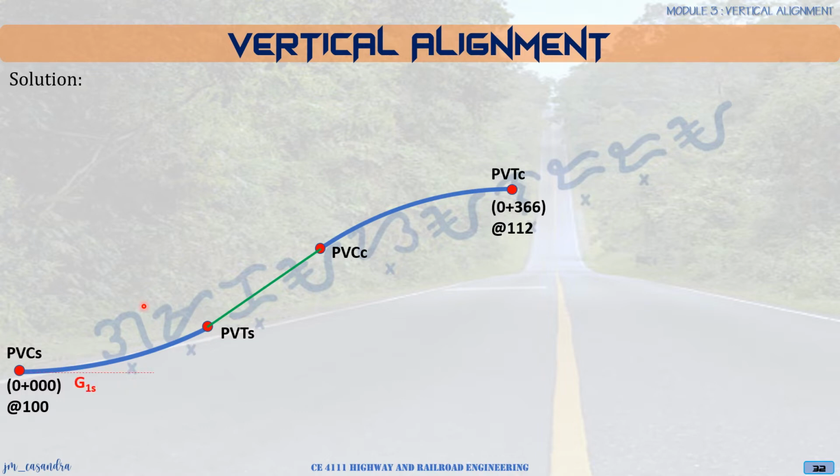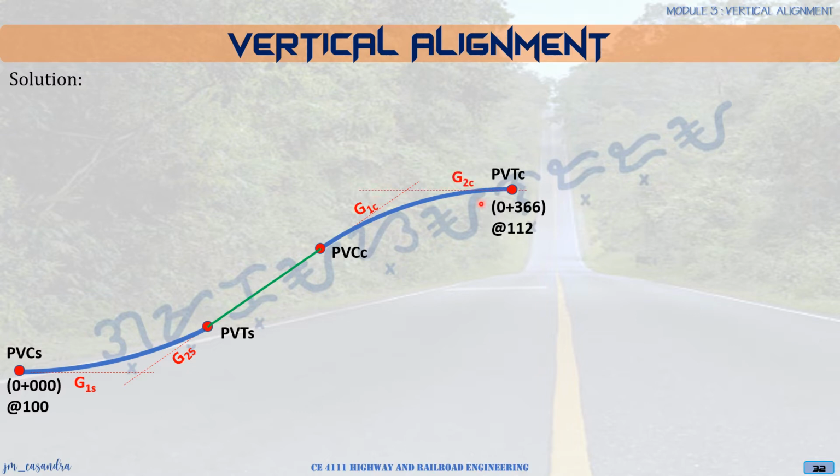So we have here our G1S, the first grade of the sag curve. Then we have the grade 2 of the sag curve, which is the same as, or aligned to, the connecting slope, and is also the same as the first grade of our crest vertical curve.